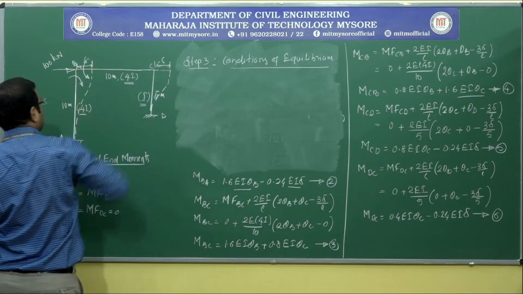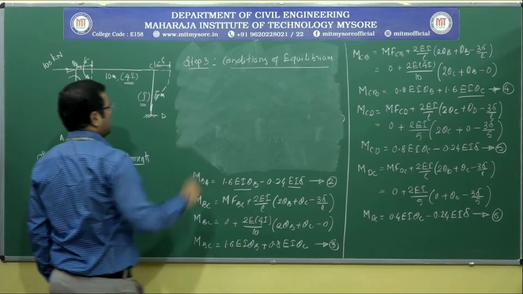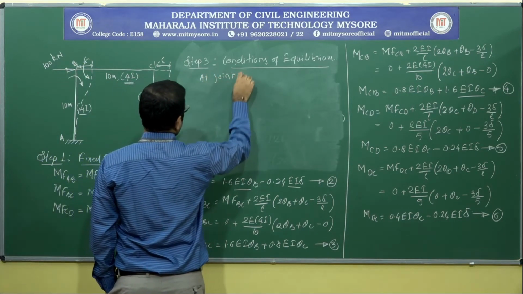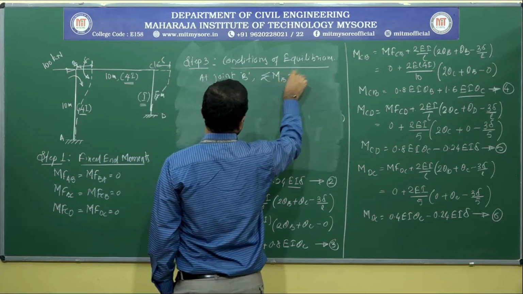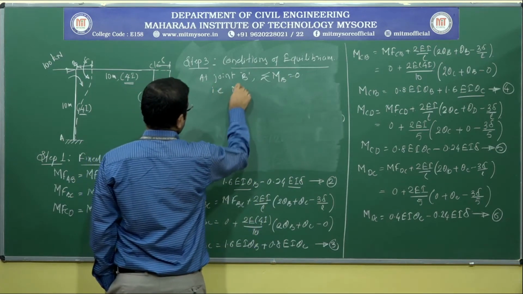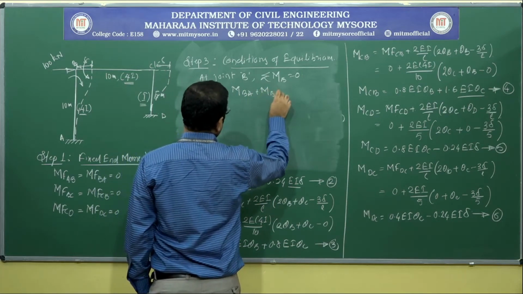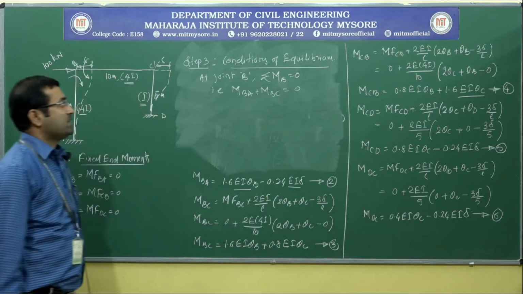So the joint equilibrium condition will be algebraic sum of moments at joint B must be equals to 0. That is MBA plus MBC. If I take the sum of these two moments, the total sum should be 0.